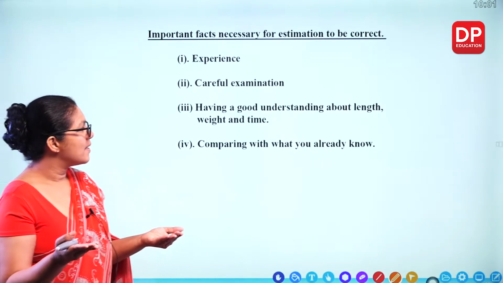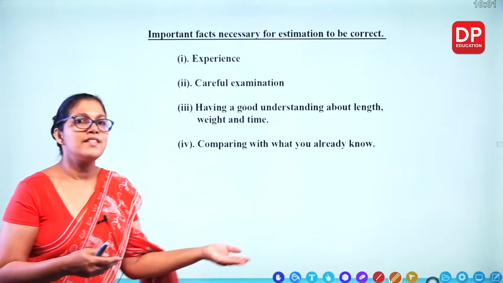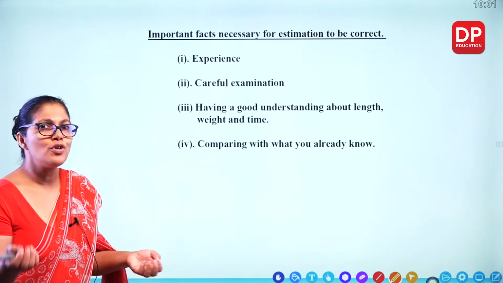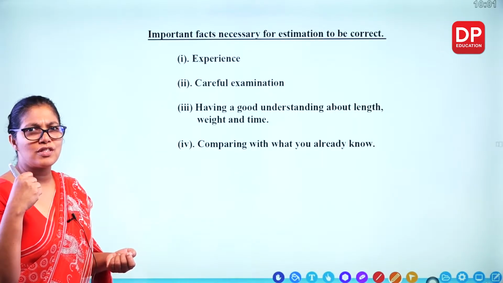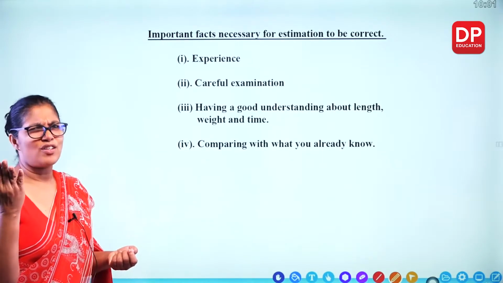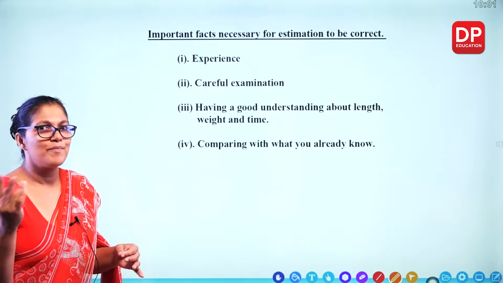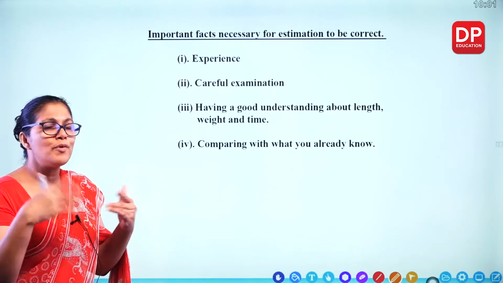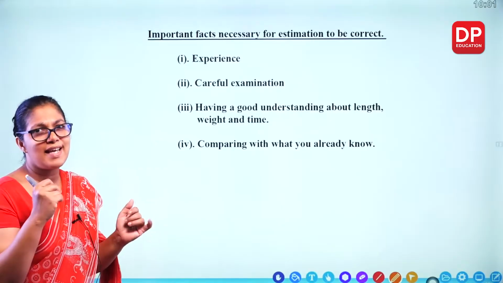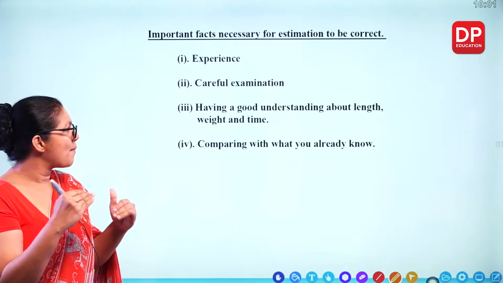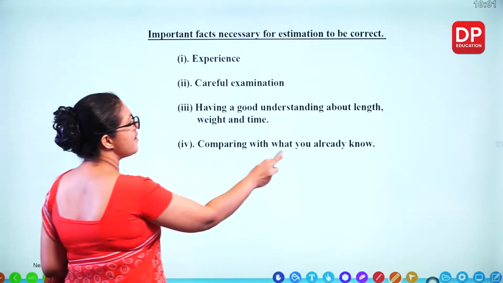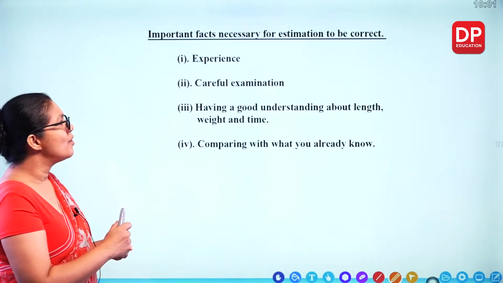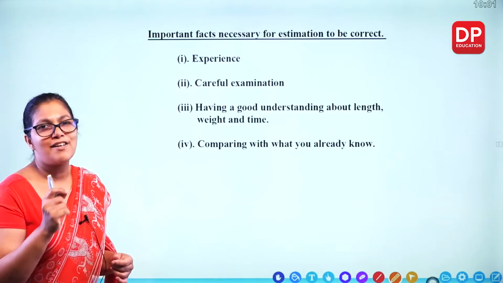So for example, when you make tea, first day you might put 2 tablespoons or teaspoons. Then if it's not okay, the next time you will reduce or you will put more compared to the taste. So with experience and comparing with what you already know, you can estimate correctly.